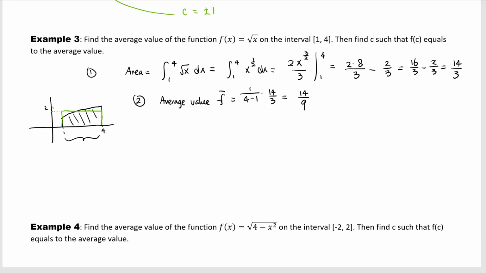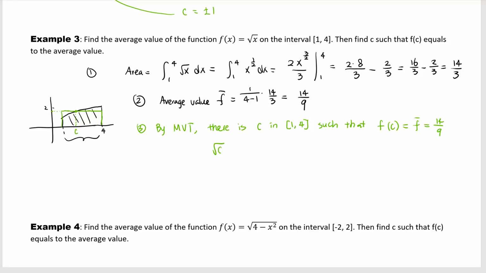Okay? And by the mean value theorem, there is a c in the interval from 1 to 4 such that f of c equals the average value, which is 14 over 9. What is f of c?